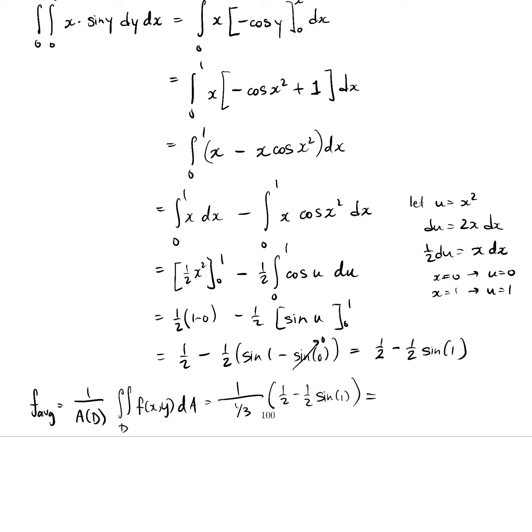And if we clean that up a little bit, we are going to get 3/2 times (1 minus the sine of 1) as our average value.